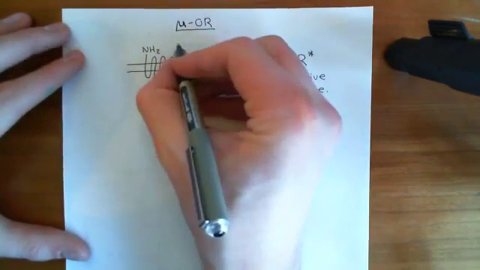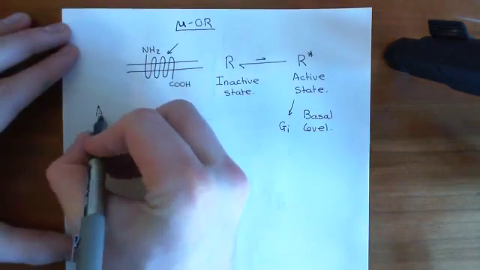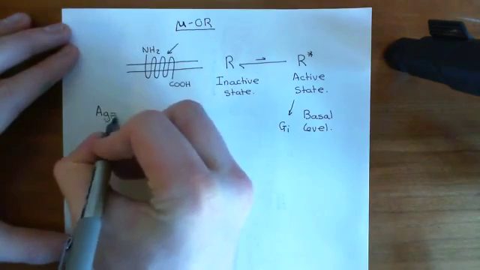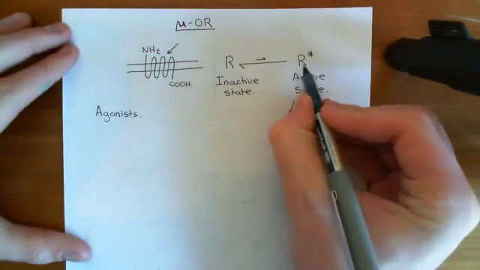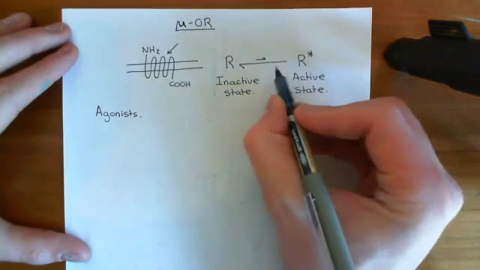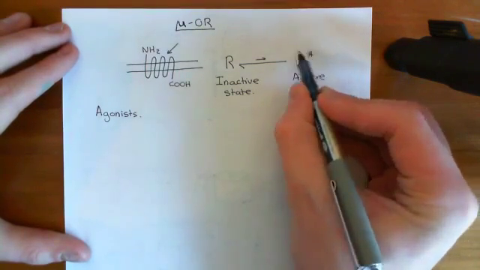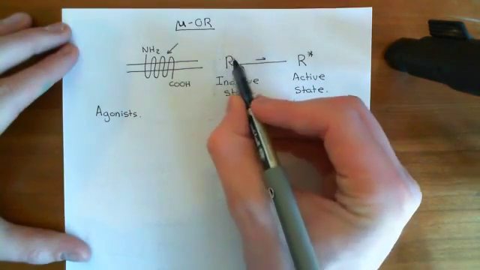Well, let's start off with an agonist. What does an agonist do? Basically, agonists can bind to the receptor, and what they do is they stabilize the active state. Agonists prefer to be bound to a receptor that is in the active state rather than the inactive state.